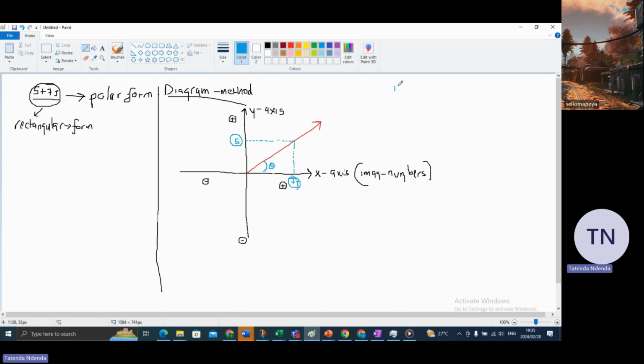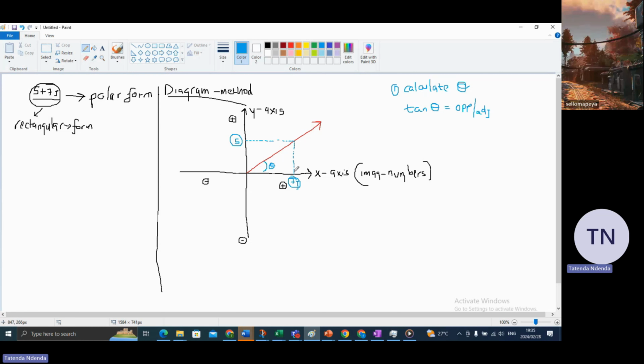The first thing, number one, is to calculate our angle theta. So to calculate angle theta, we're going to say tan theta is equivalent to opposite over adjacent, like this.